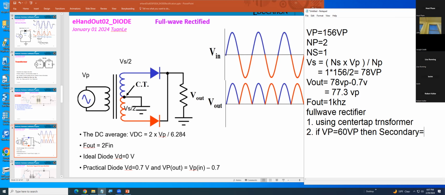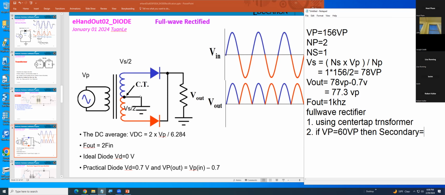Okay, the secondary, that means from here to here, they will depend on what you get, the ratio right here.